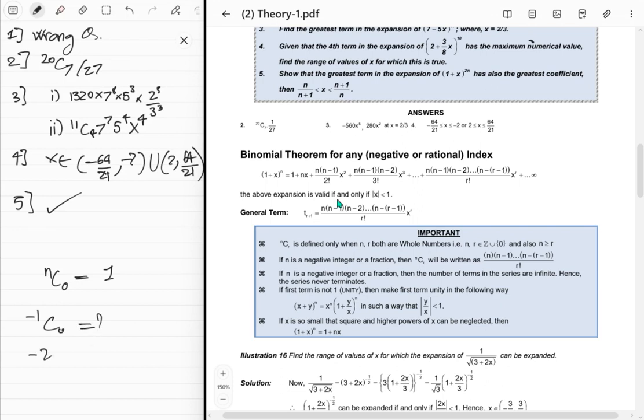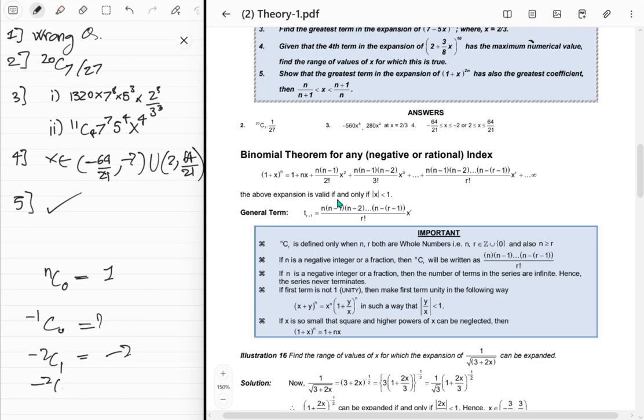And negative 2C1, that will be negative 2 upon 1 factorial, so it's just negative 2.